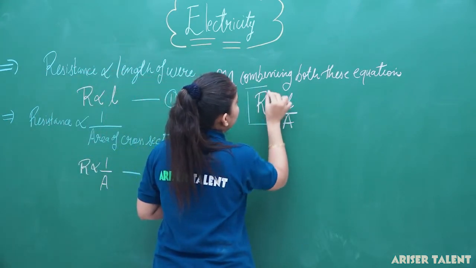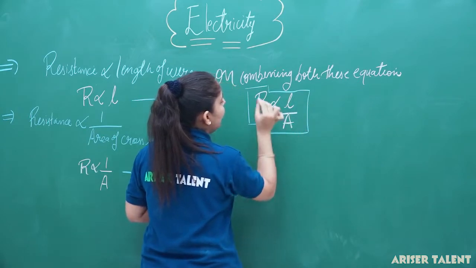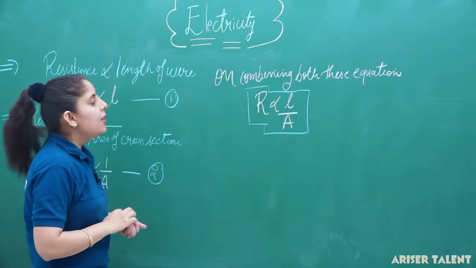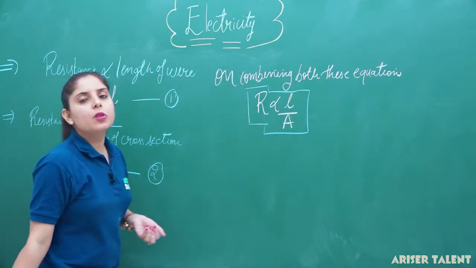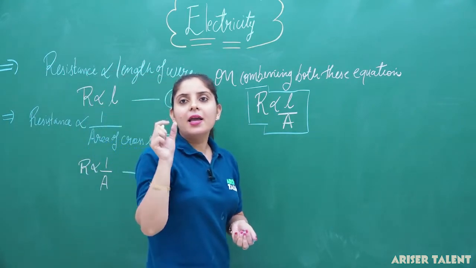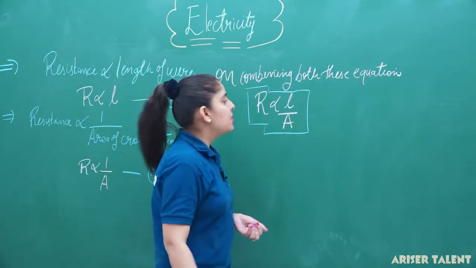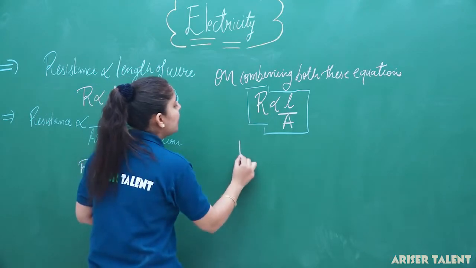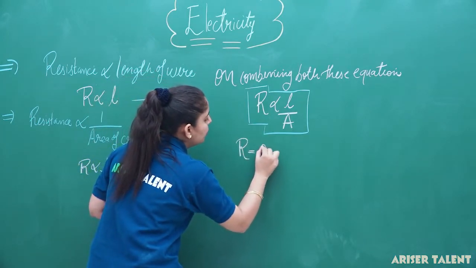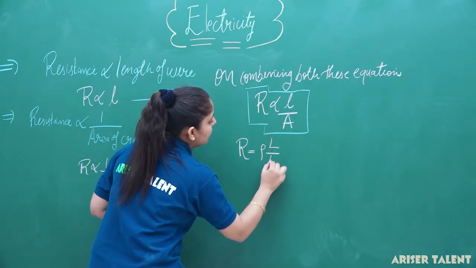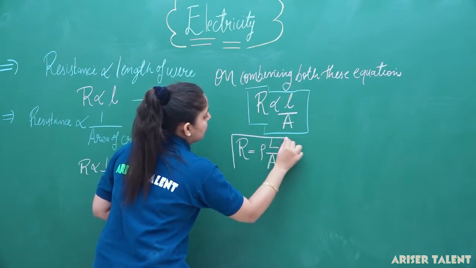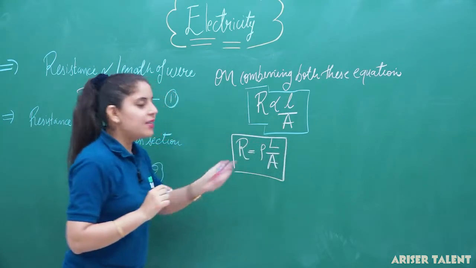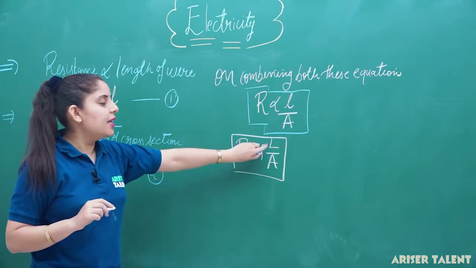Now, if I want to remove the proportionality sign, I have to put a certain constant here. So R is equal to this constant times L upon A.